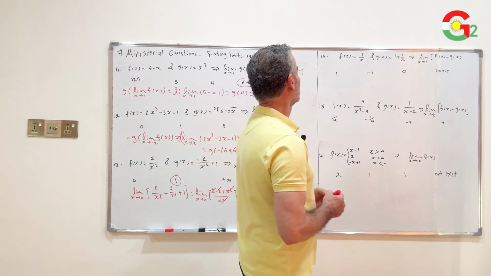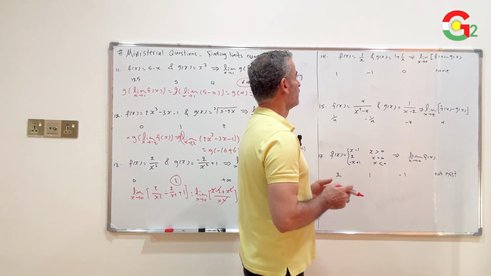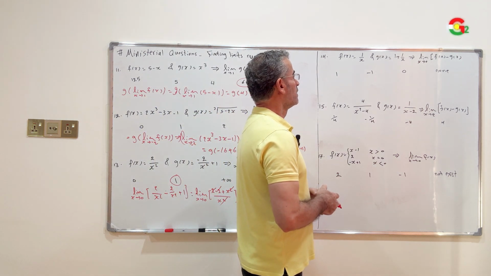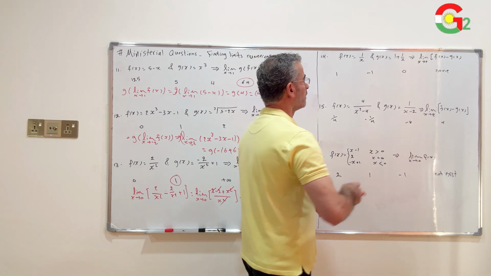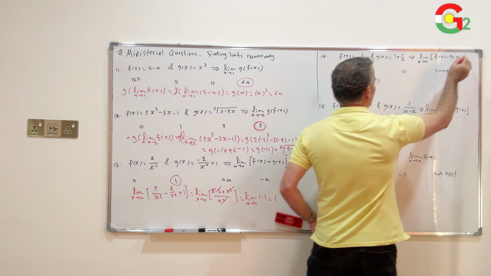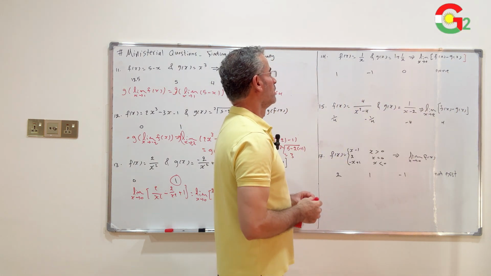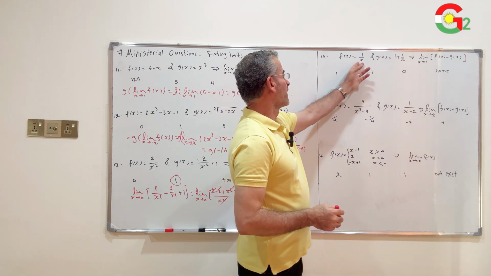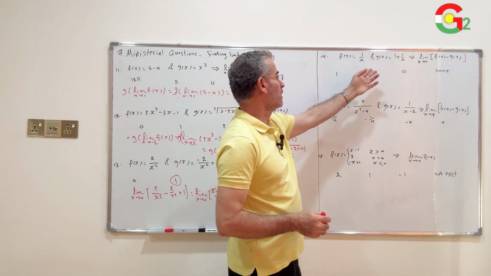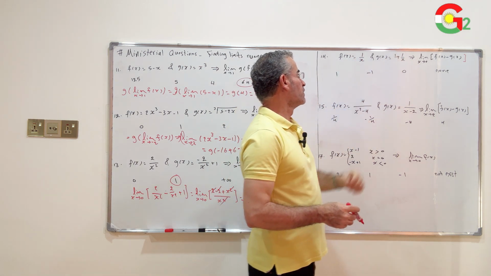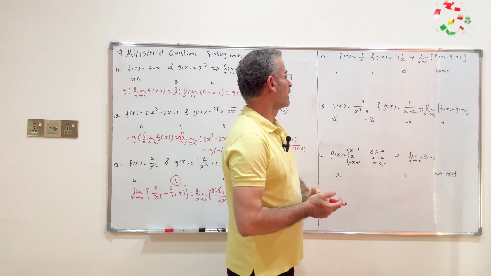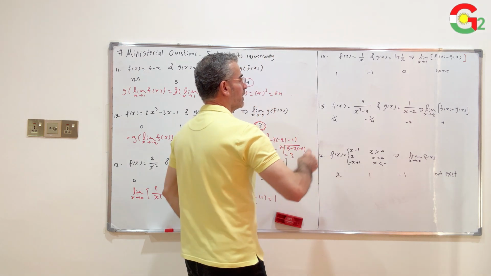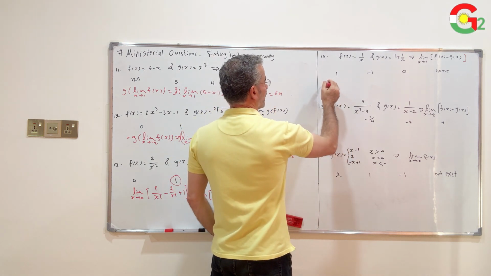Number 14, f of x equals 1 over x, g of x equals 1 plus 1 over x. Then find the limit of f of x minus g of x. Also, the limit of f of x separately is 1 over 0, and g of x also contains the term 1 over x. Then I try to find this limit together.